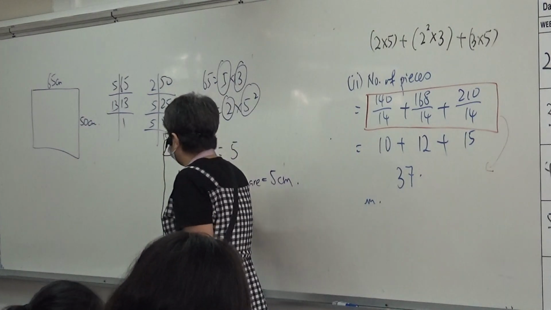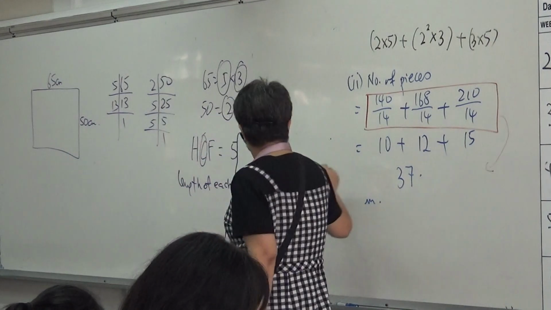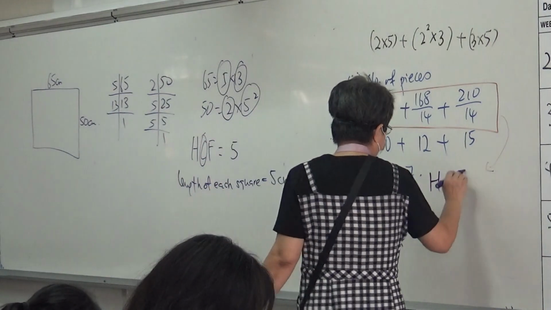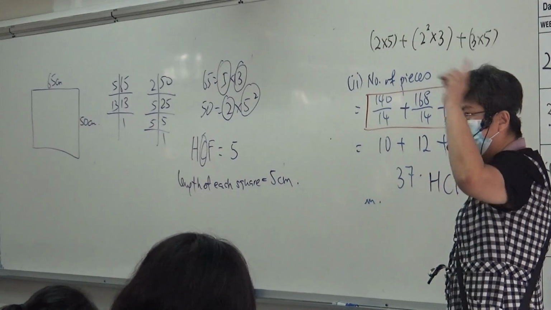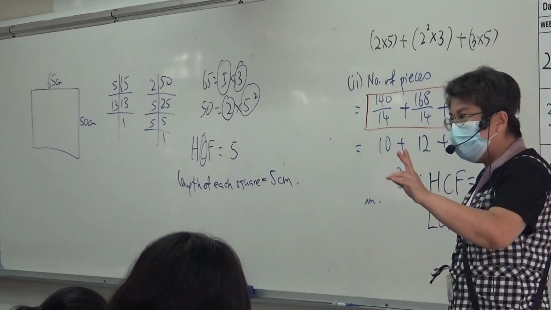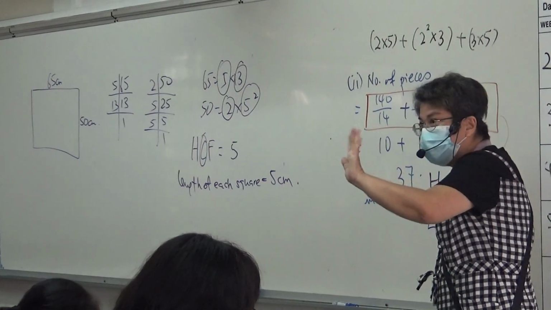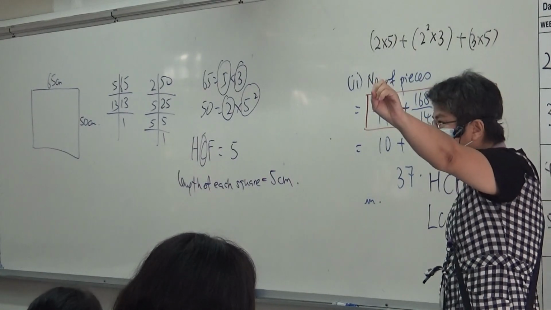This one is common: highest common factor. I repeat: for highest common factor, both must have it and you take the lower one. For LCM, both need not have it, but you must take the maximum.